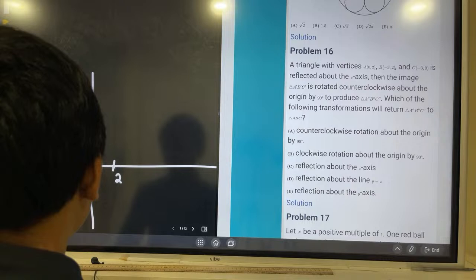On the same side, line L. So let's see. This is P, root P. Excuse me.